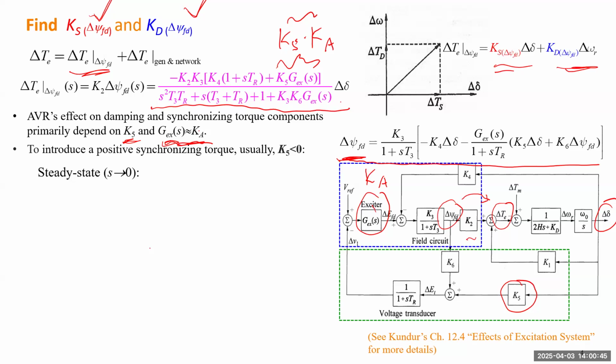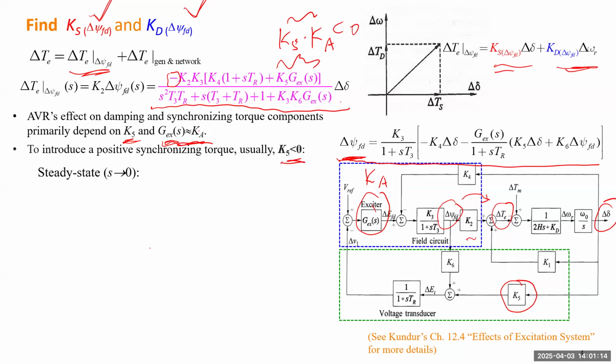So we can somehow figure out what value we need to use for Ka. K is the only thing we need to decide, because we need to make sure this entire transfer function in this pink color is positive, because we want to make sure the synchronizing torque is positive. But here there's a negative sign, which means we have to make those two negative.